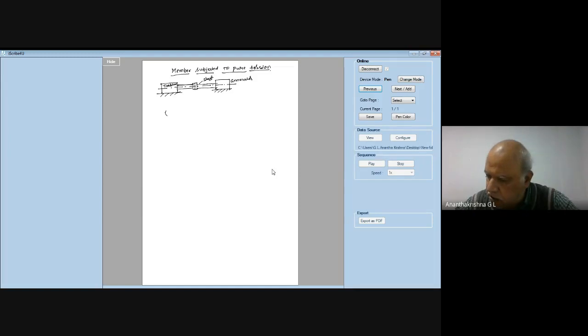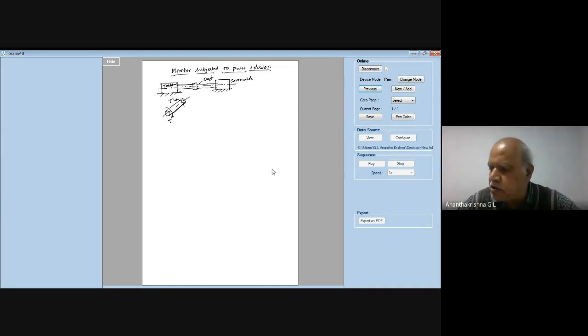So when I take out only the shaft from the assembly, this is what I am going to get. This is subjected to torque T. There is going to be the torque which opposes the applied torque, that is T dash. So essentially the shaft is subjected to torsion or twist, right?